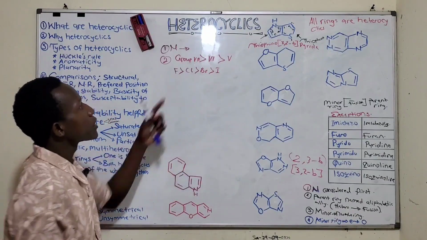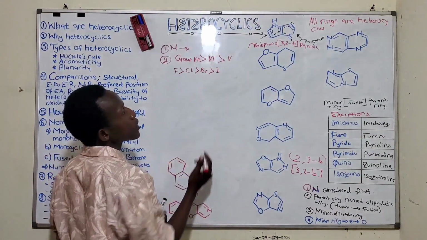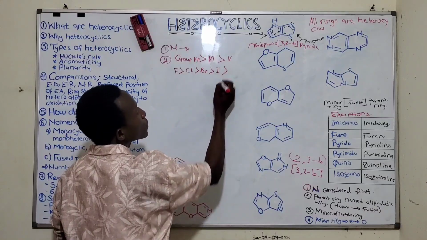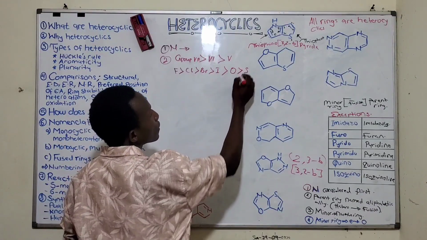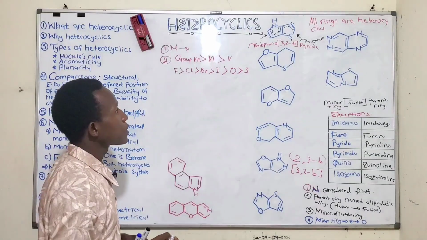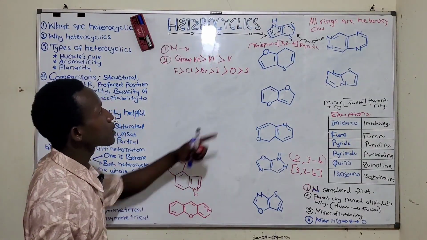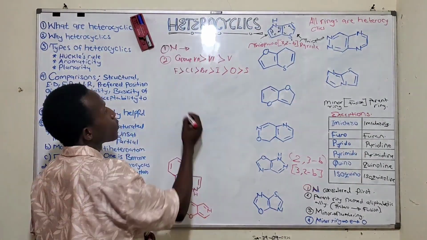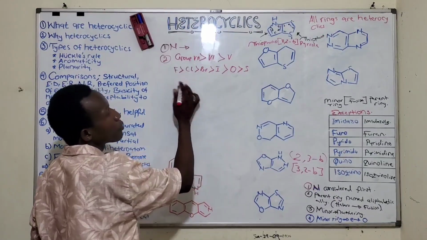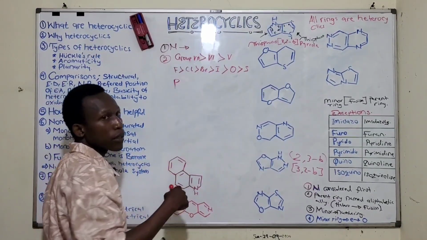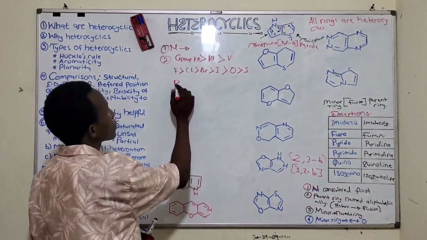Then after group 7, you go to group 6. In group 6, oxygen will be more prioritized than sulfur. Then you go to group 5, where you go to the phosphorus.